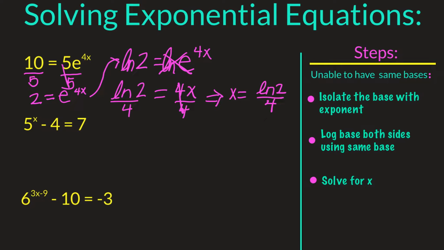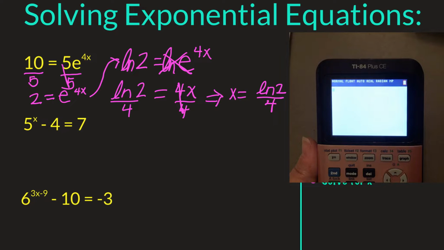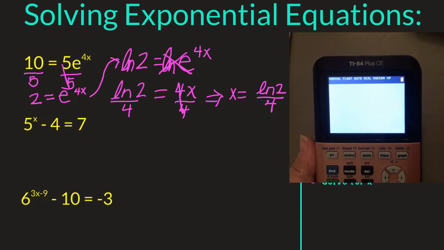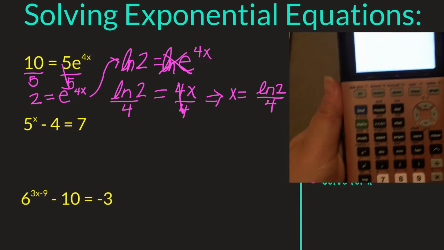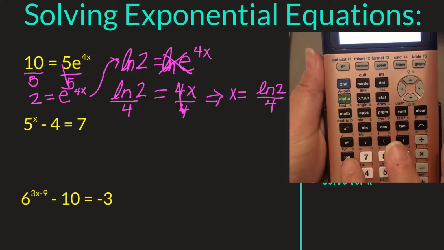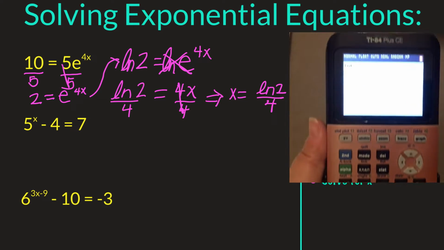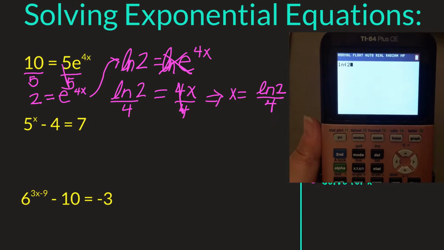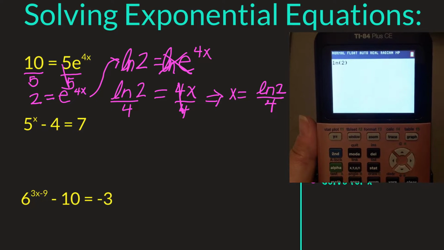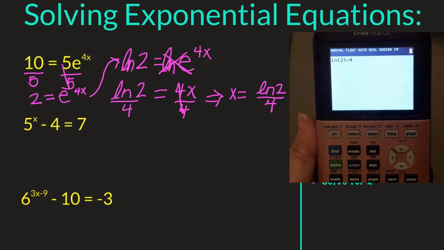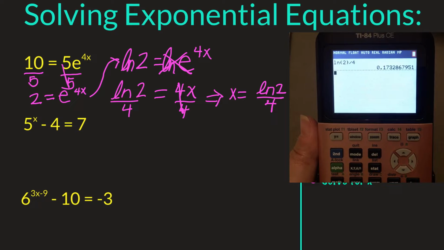Okay, let's see what that looks like on the calculator. As you enter this in on your calculator, you can either enter it as a fraction or you can just type it in as ln 2 divided by 4. The ln button is right there by the 4 button, so you hit ln 2, make sure you close your parentheses, and then do divided by 4.